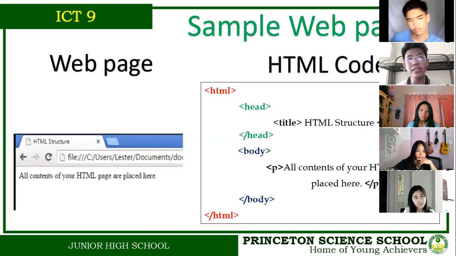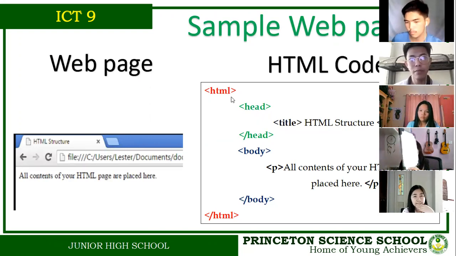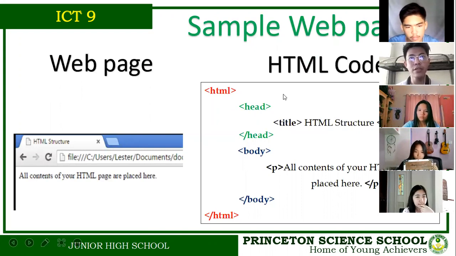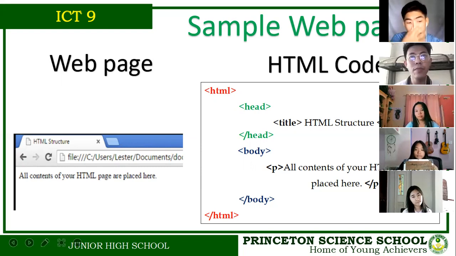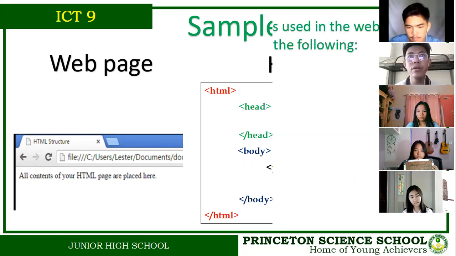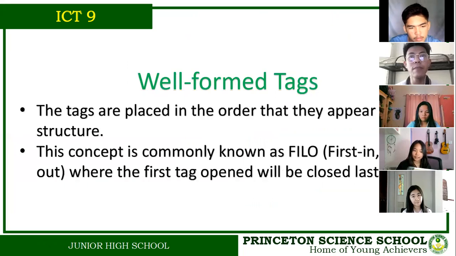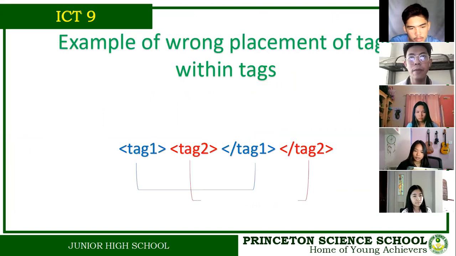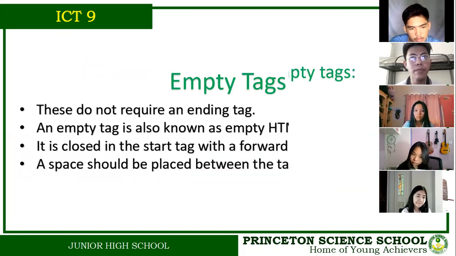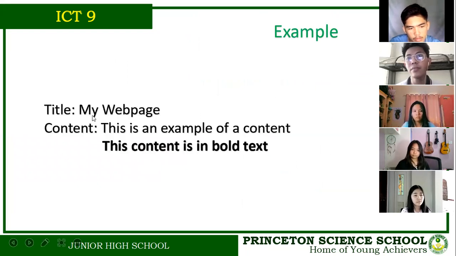Using this example, the HTML code, this is the complete one where it has the head, the body, the HTML, the title. Using this example and the example earlier at our editor, you will need to have an output in your web page with this content.